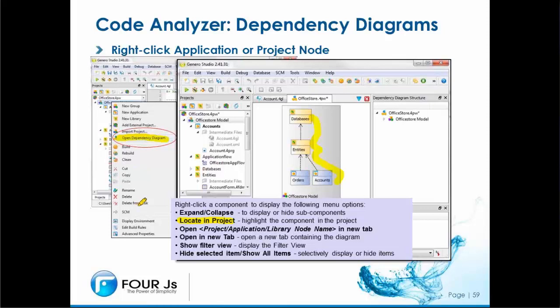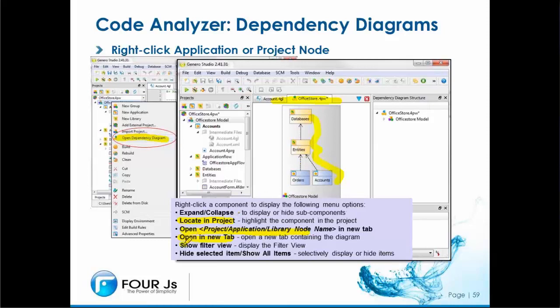I can open a node in a new tab up here at the top of this view where the dependency diagrams are displayed. So I'll see an additional tab up there separate from this one. I can open a new tab. Right-click on another node, for example, like the Accounts node, and say Open a new tab, and it'll pop up in a different tab.